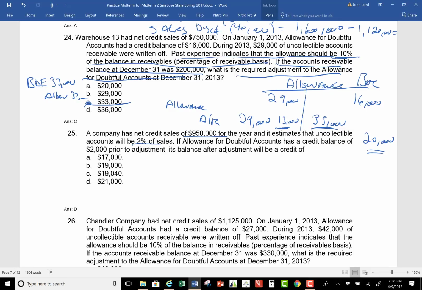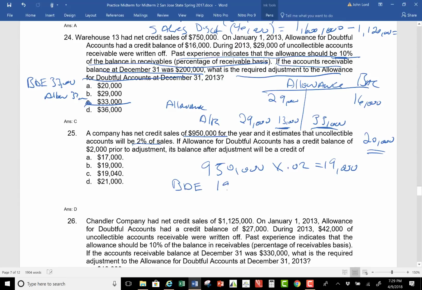Okay, so what's happening? If I take the 950,000 and I multiply that times 0.02, that gives me what? 19,000, you say? So I don't worry about what's in there at that point.